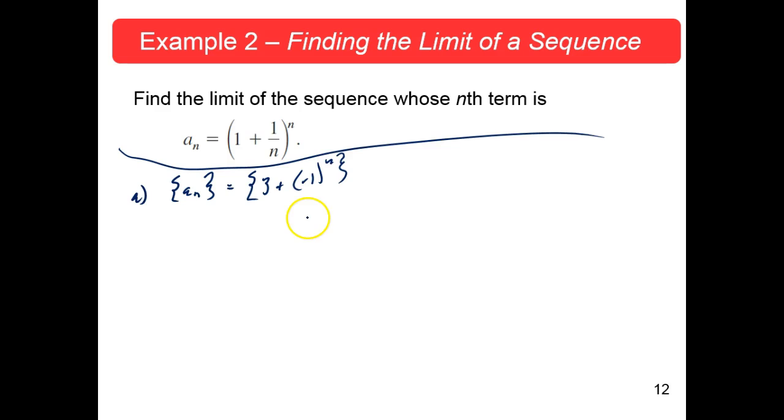That's your 2, 4, 2, 4, 2, 4, and so on. Okay? Now, do you think that converges or diverges?